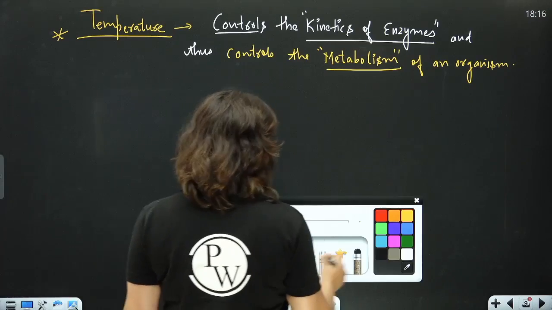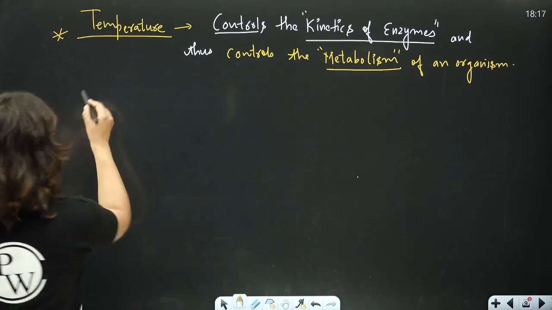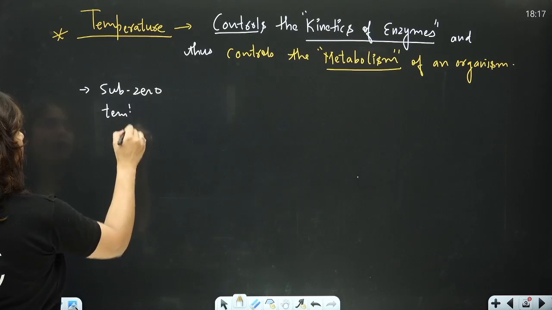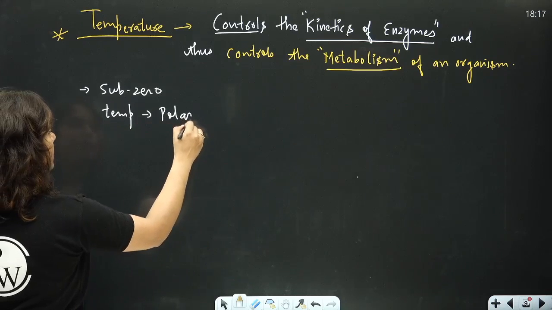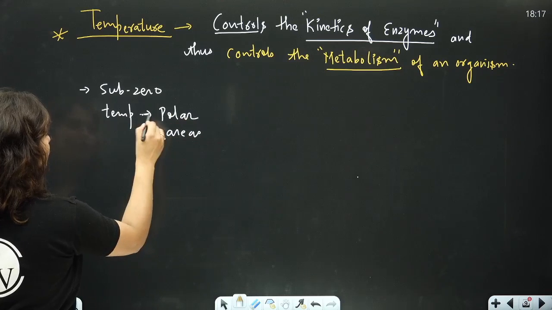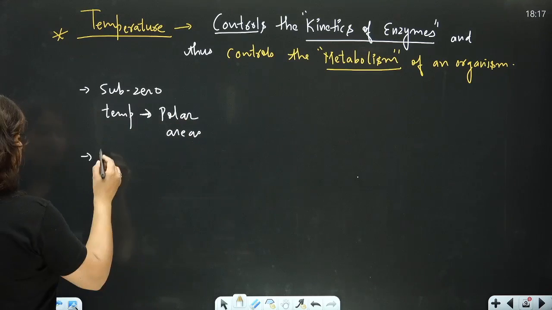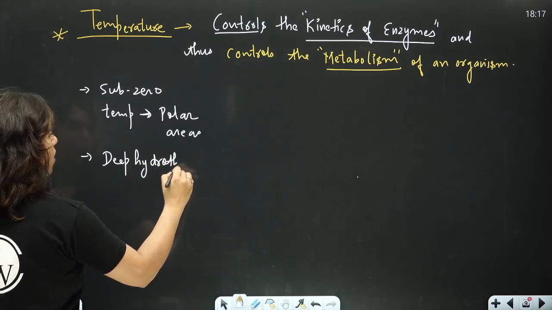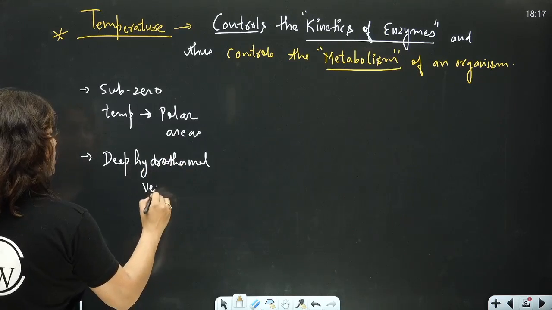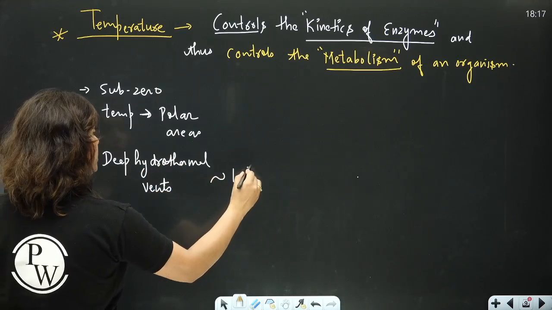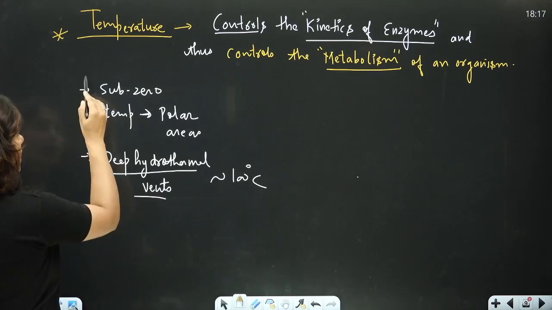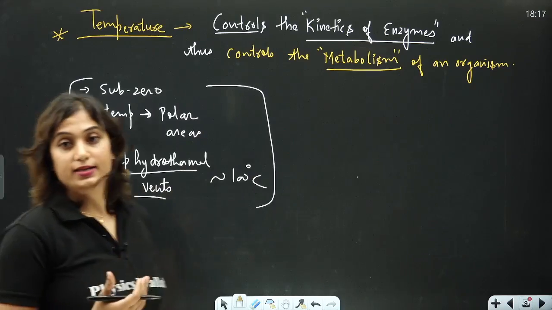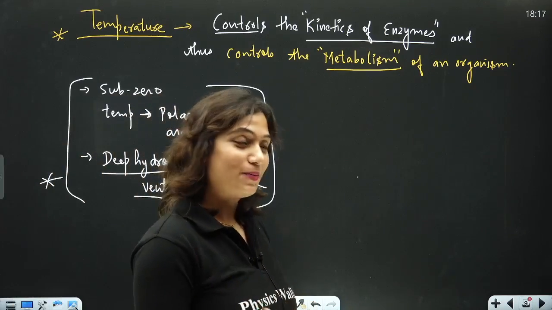And you know that there are so many ranges of temperature. You can see sub-zero temperature in the Arctic and Antarctic, in the polar areas, and there you see a different kind of life. Then you can see deep hydrothermal vents, which have very high temperature, approximately 100 degrees centigrade. So the temperature decides what kind of animals and what kind of plants will be found in a particular area.